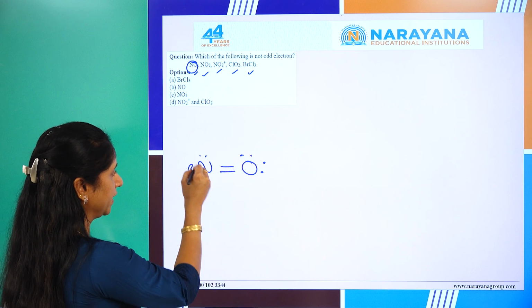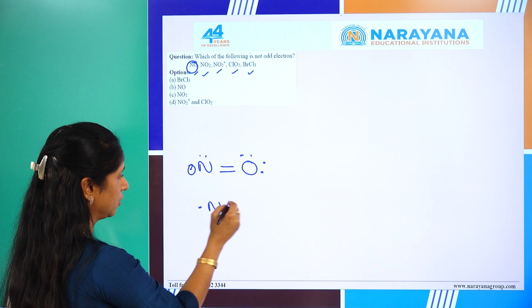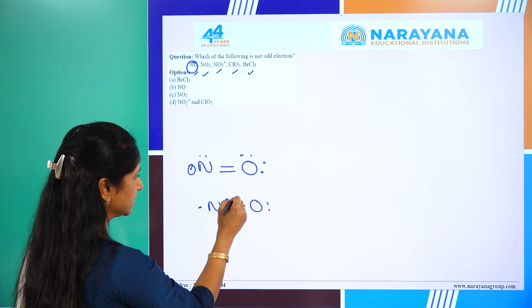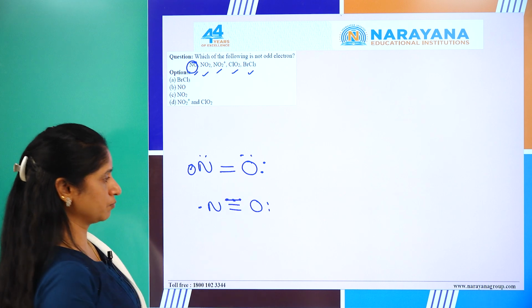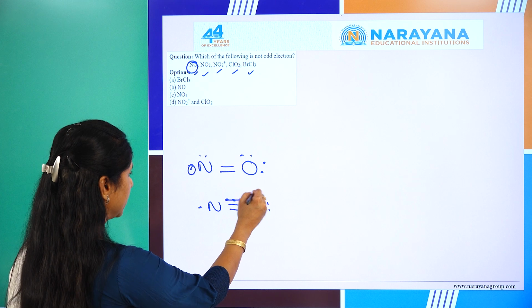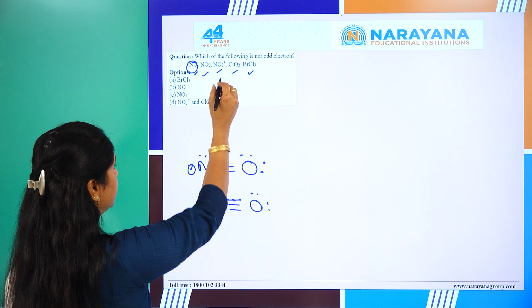So you are getting an odd electron over the nitrogen. You can write it as a 3 electron bond. Hence you can make out this is an odd electron species.